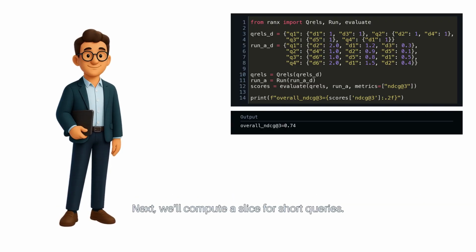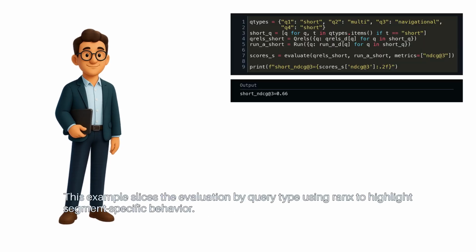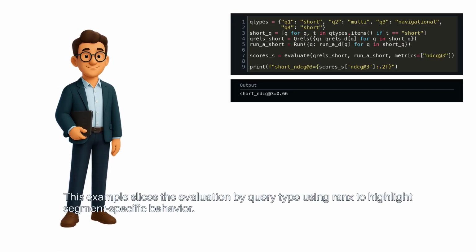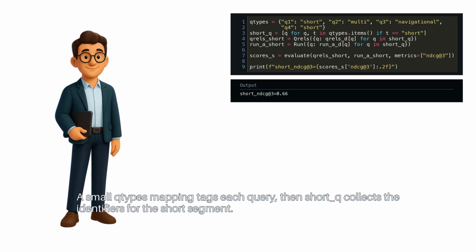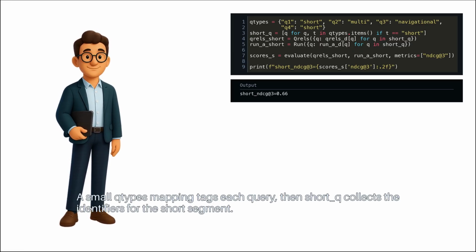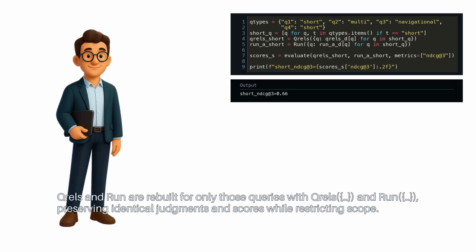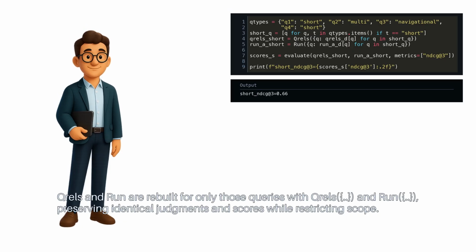Next, we'll compute a slice for short queries. This example slices the evaluation by query type using ranx to highlight segment-specific behavior. A small q_types mapping tags each query. Then, short_q collects the identifiers for the short segment. Qrels and run are rebuilt for only those queries, preserving identical judgments and scores while restricting scope.